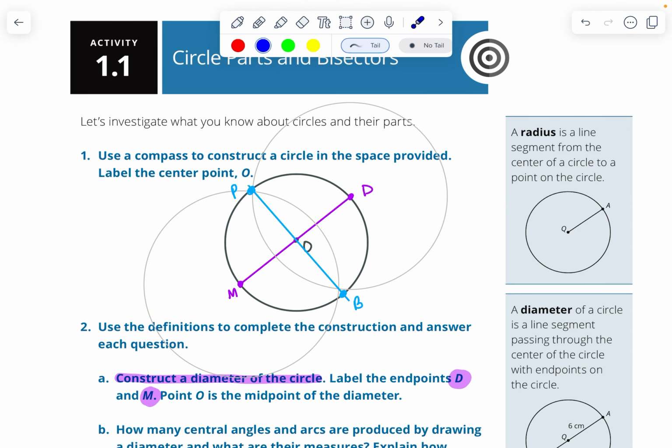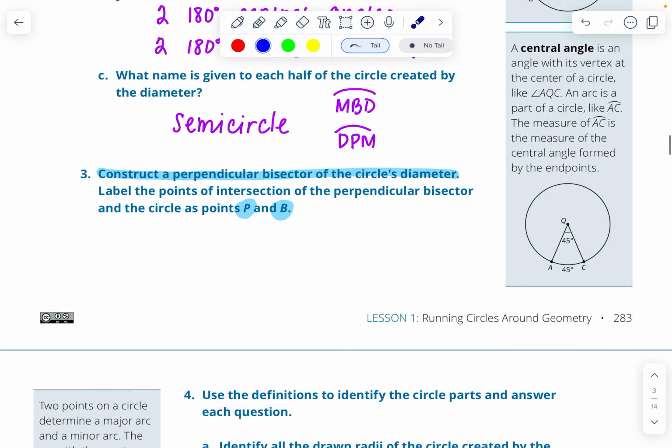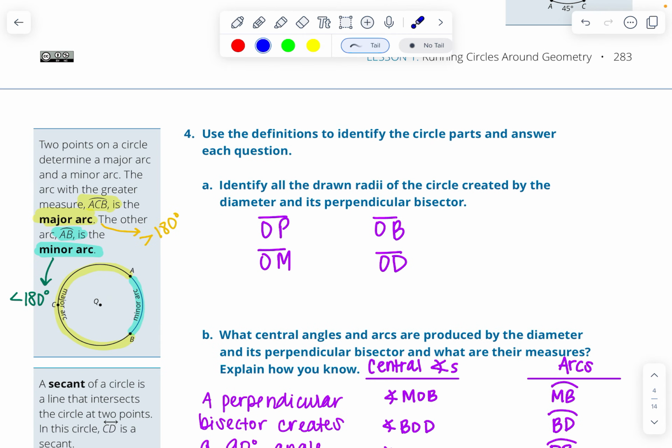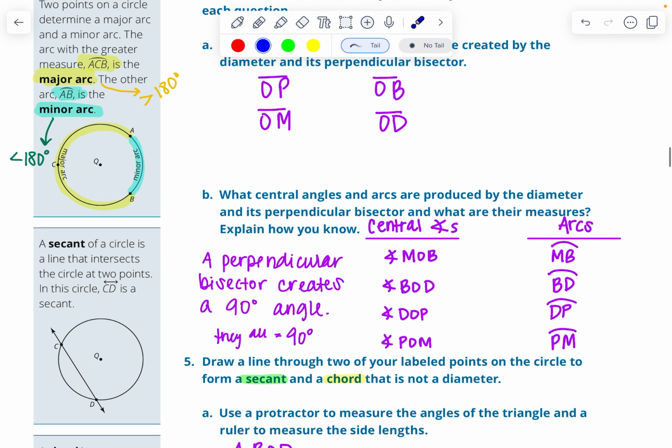So when we created this perpendicular bisector, it created 1, 2, 3, 4 radii. OD, OB, OM, OP. So I wrote those here. And they're all segments.